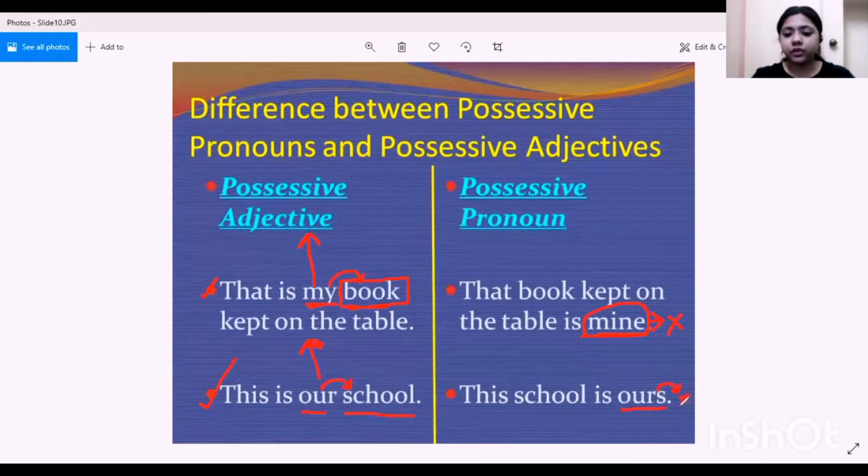Possessive pronouns are themselves used in place of a noun, so they won't be followed by any noun further. All right. So this is the difference which you should remember when we do adjectives also. Again, the same picture would come up there. So just keep in mind the difference between possessive adjective and pronoun.